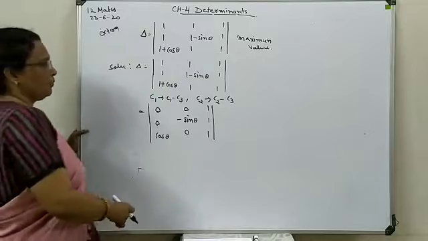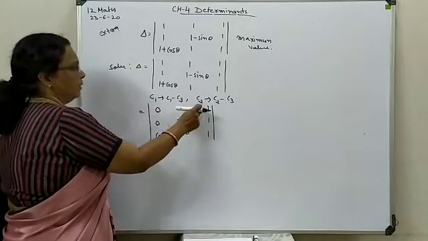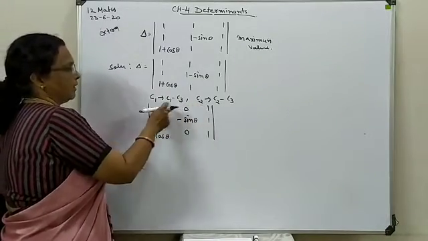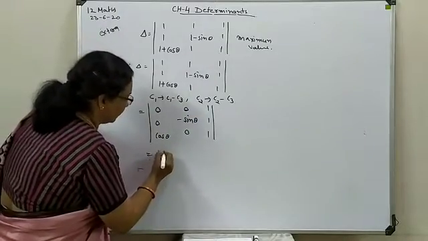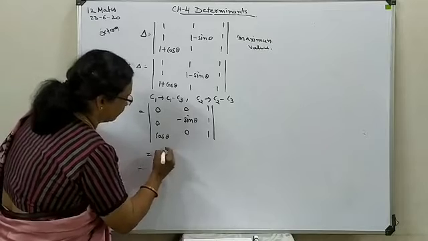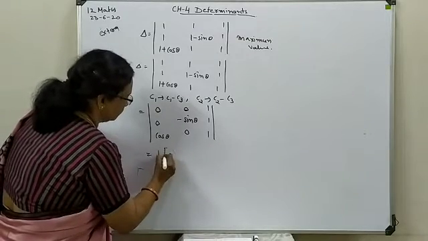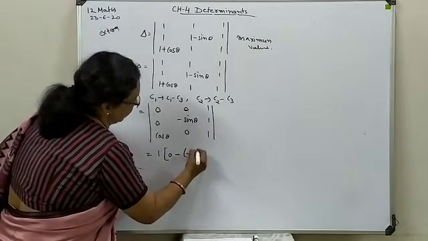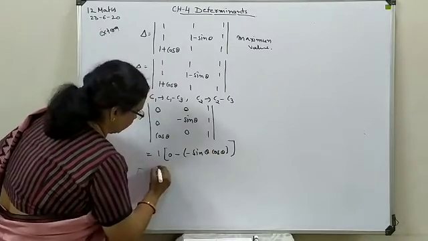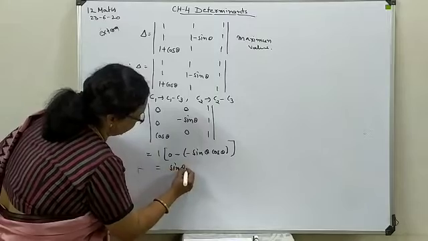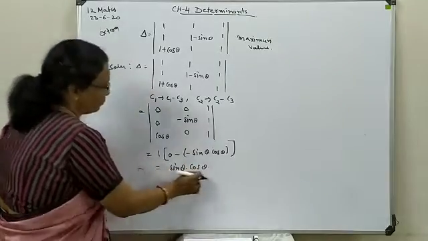Now with respect to this one, expand it. So these two will turn as 0. So finally, this is 0, then minus sine of theta and cos of theta. So this will be sine of theta into cos of theta.